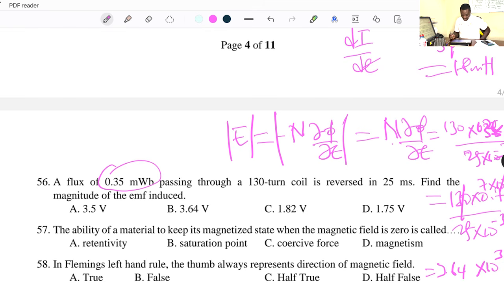Yeah, the 0.35 is milli, so it will cancel with the milli here. So we have 3.64. The answer is this one.